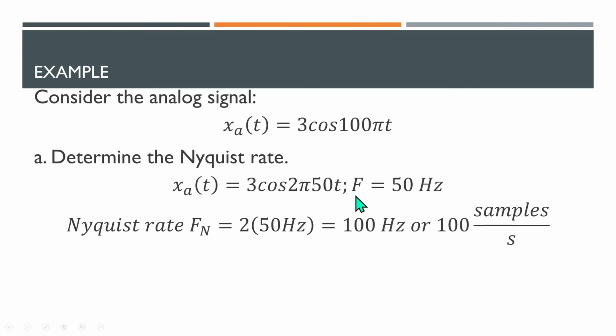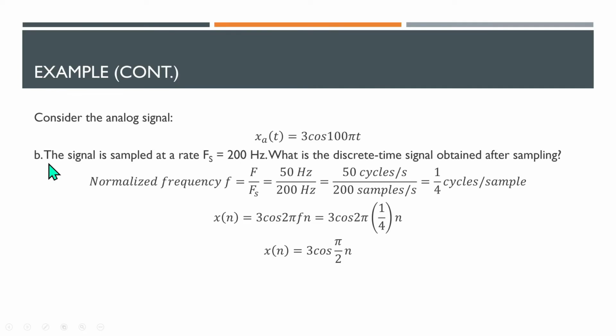Therefore, F, or the frequency, is equal to 50 Hz. The Nyquist rate is then computed as F_N equals 2 times 50 Hz equals 100 Hz or 100 samples per second. For letter B, the signal is sampled at a rate of F_s equals 200 Hz.